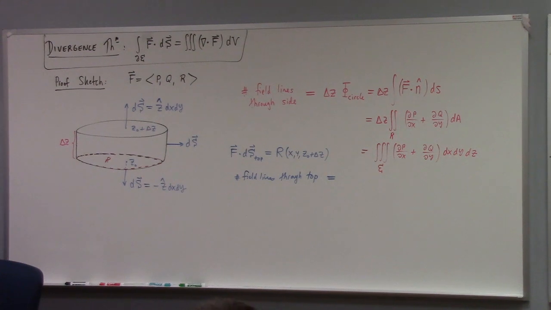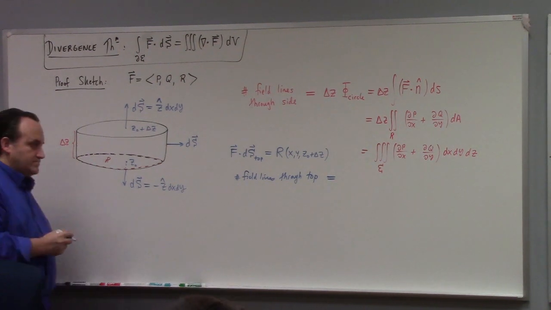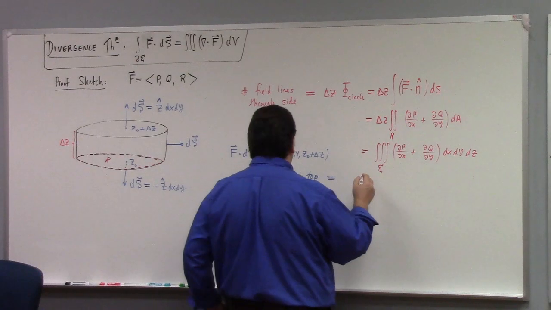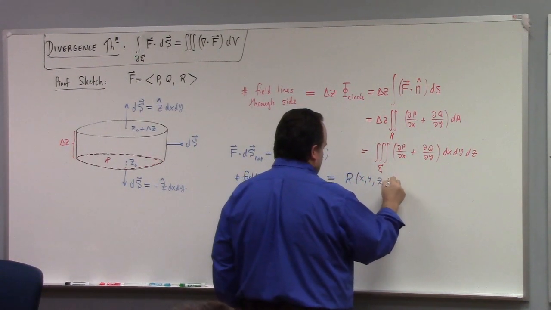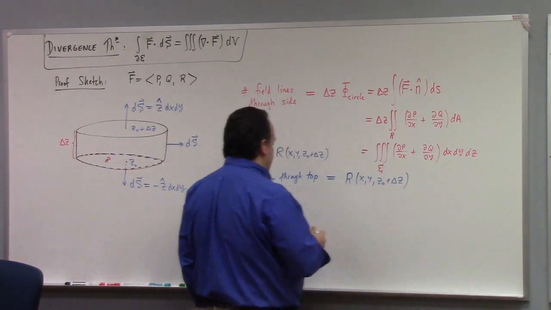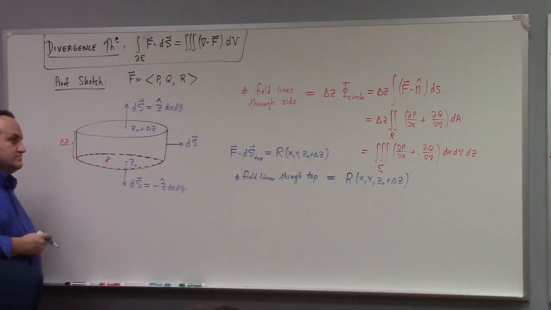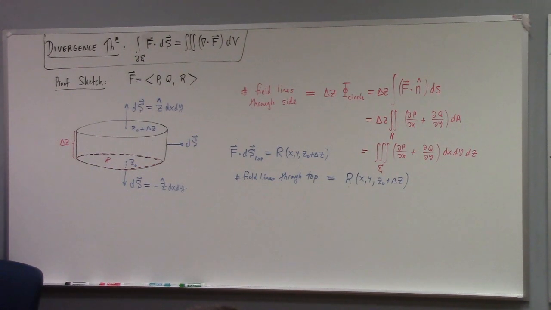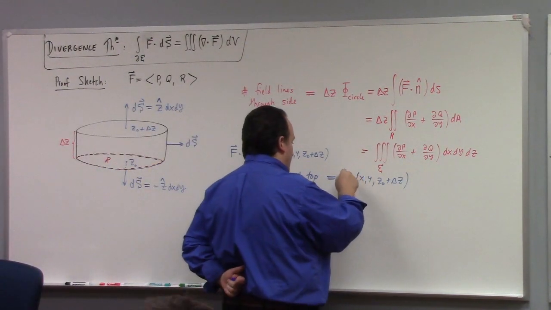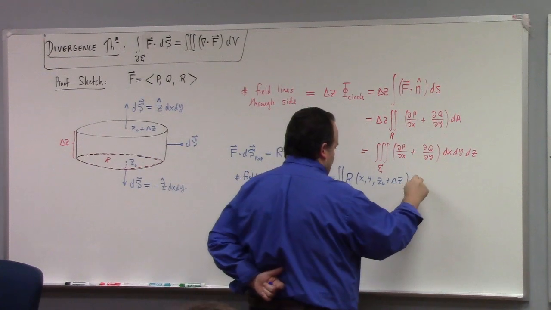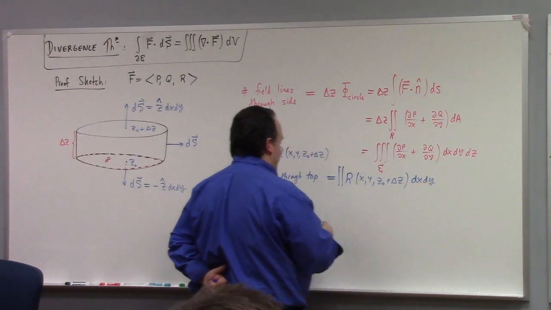So we'd have exactly R of x comma y comma z naught plus delta z times what? Well, I guess I need to integrate that over the dx dy.